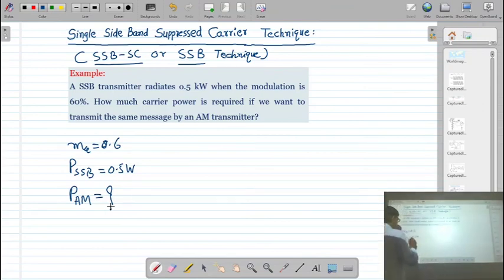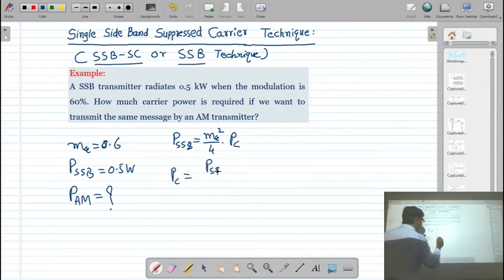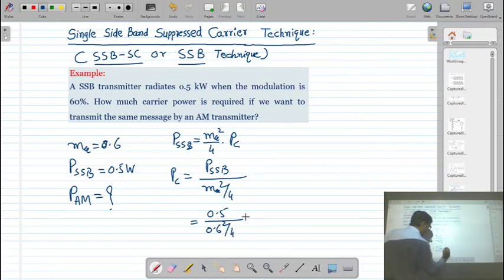So in case of the SSB, we know that PSSB is given by Ma square by 4 into Pc, and therefore the Pc will be equal to PSSB divided by Ma square by 4, and this is equal to 0.5 divided by 0.6 square divided by 4, and this will come out to be 5.56 kilowatt.